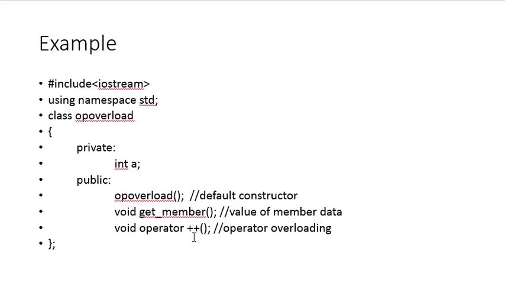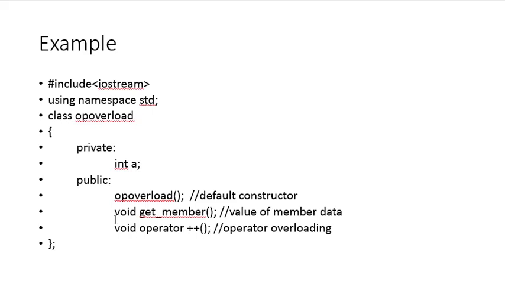This is an example of a unary operator, which we basically use for incrementing and decrementing. In this example we are incrementing, so the return type is void, then the keyword operator, and then the plus plus sign, and this is the function for operator overloading.